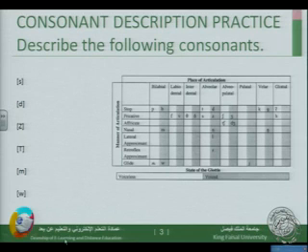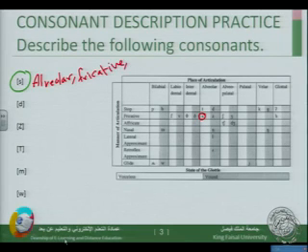For example, if you look at S, right here, you should write that S is alveolar, fricative, and voiceless.